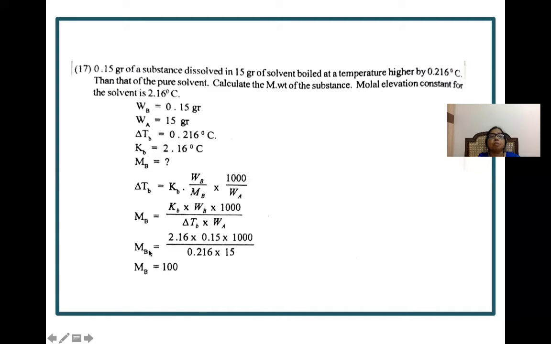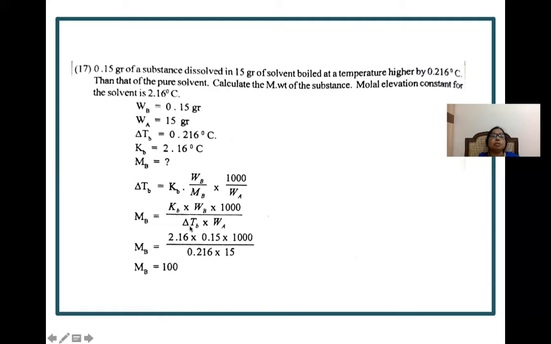Substituting the values: KB is 2.16, WB is 0.15, into 1000, divided by delta TB, 0.216, into WA, which is 15.